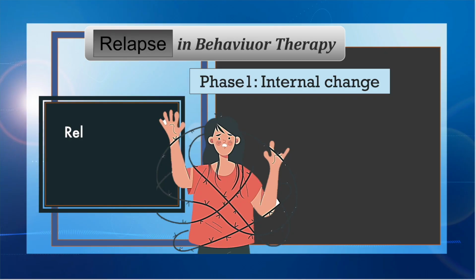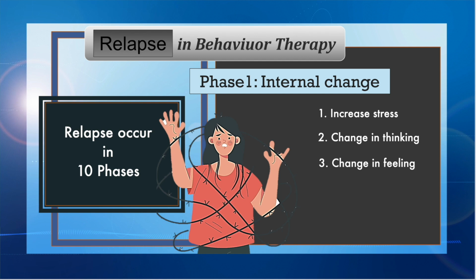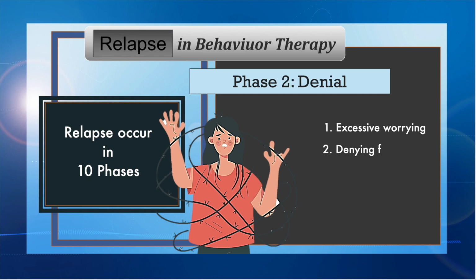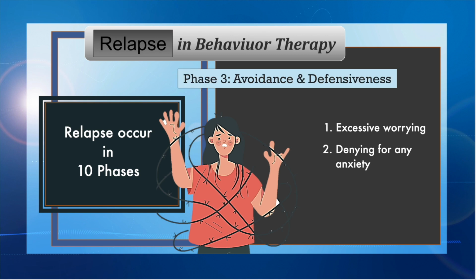Relapse occurs in 10 phases. These phases can be differentiated as follows. Phase 1: internal changes, increased stress, change in thinking, change in feeling, change in behavior. Phase 2 is denial, excessive worrying, denying any anxiety, denying that they have any problem.